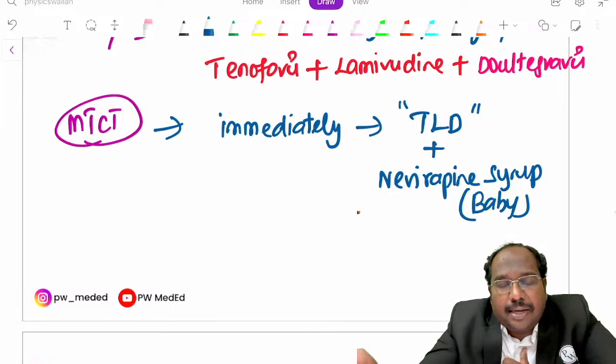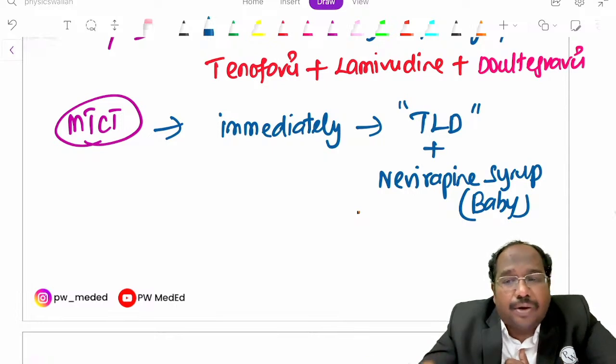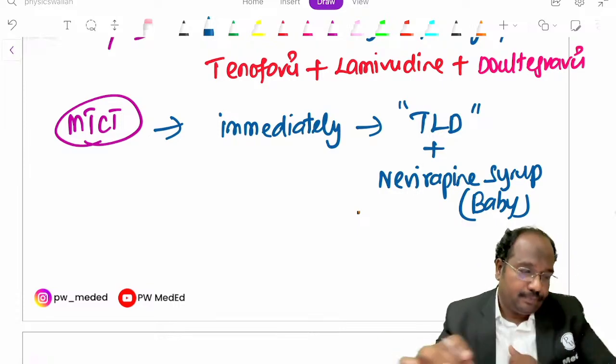The current guideline says you can start with tenofovir plus emtricitabine and raltegravir. Now a dolutegravir combination is also coming. Post exposure prophylaxis has to be given for 4 weeks. You can remember tenofovir, emtricitabine, and raltegravir.